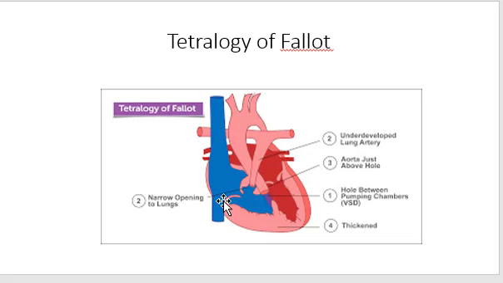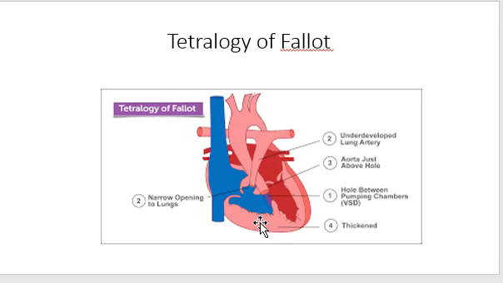The classic form of tetralogy of Fallot contains four defects: a VSD, which is a hole between the ventricles; a pulmonary stenosis; what is called an overriding aorta, where it's overriding just above the hole between the ventricles; and right ventricular hypertrophy.